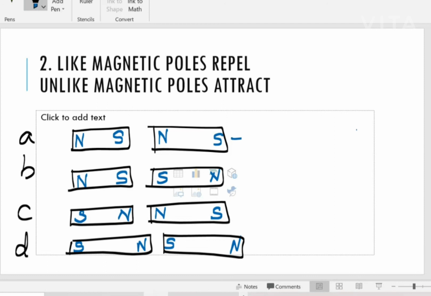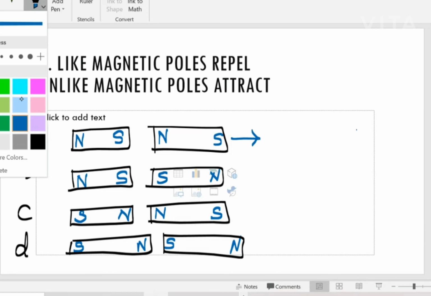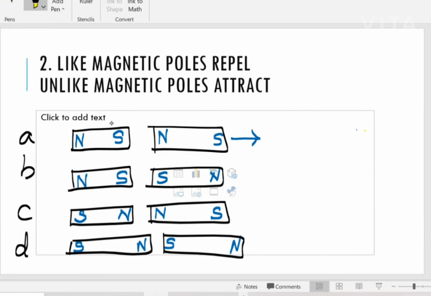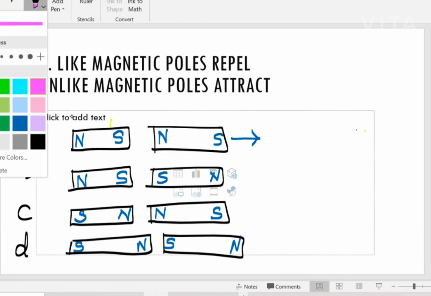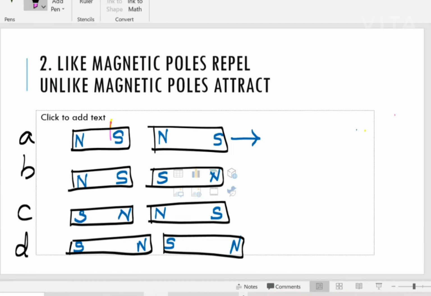First case, what happens? Here you can see the north and south here and north and south here. So I will use different colors here. I'm using yellow. Now just concentrate only on the directions which are closer.